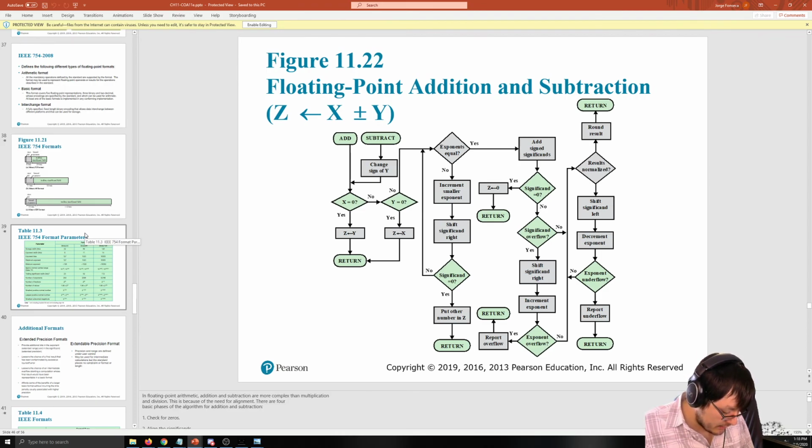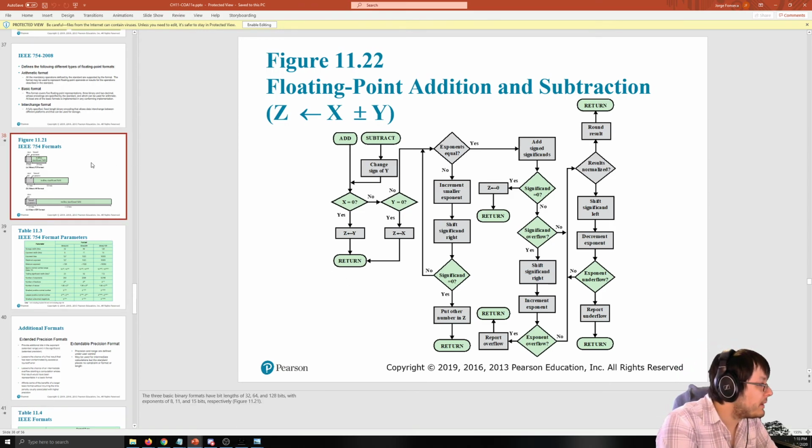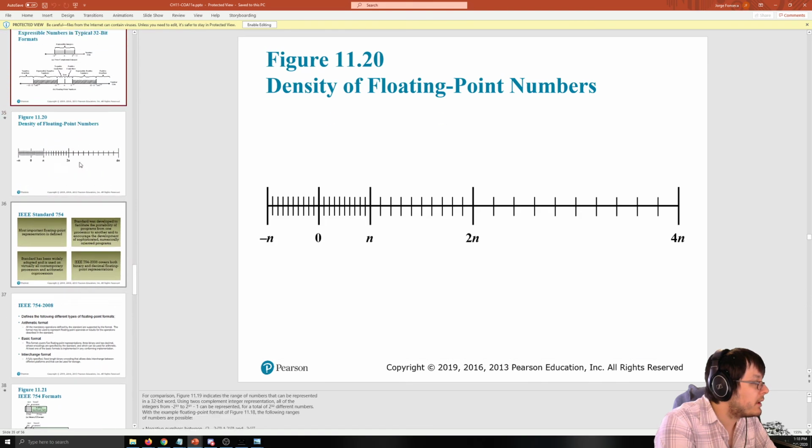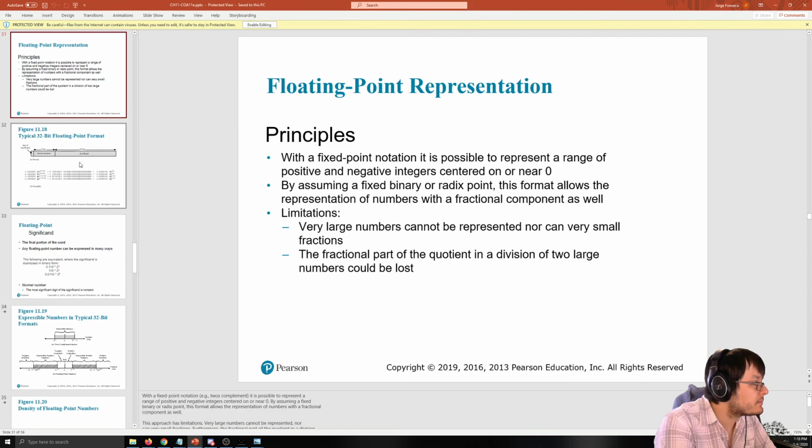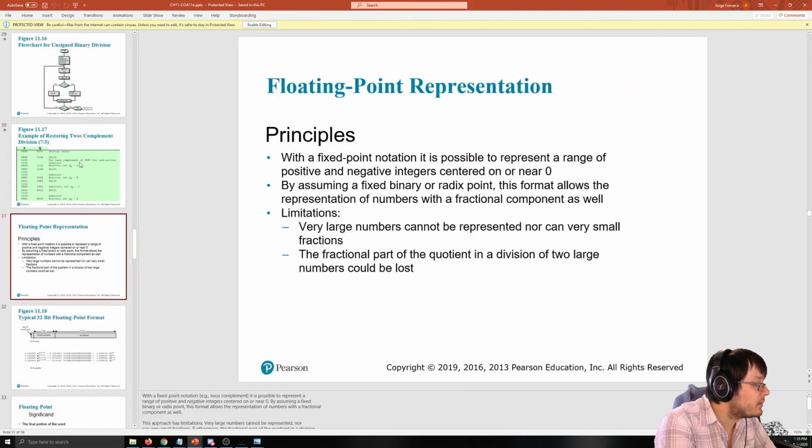And so it turns out that it's a special case where you want to store, here, I have it here. Basically, I think you store 0 in the exponent, and then you store 0 in the significand as well.